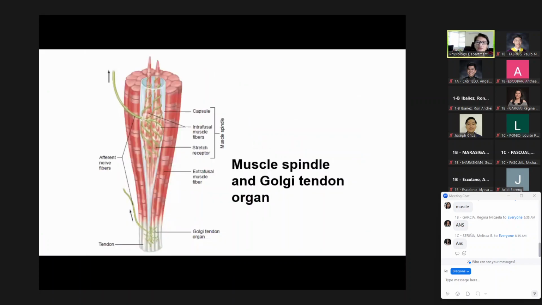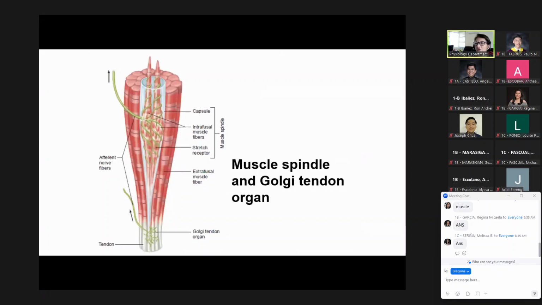Okay, let's go to the receptors. So these are proprioceptors. Ano ba yung proprioceptors? Yung mechanoreceptors madali. Yung inyong chemoreceptors madali. But what are proprioceptors?